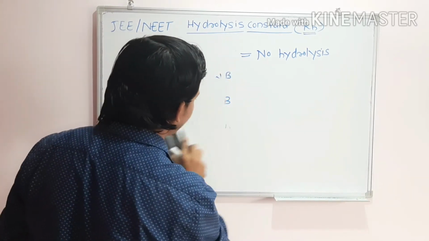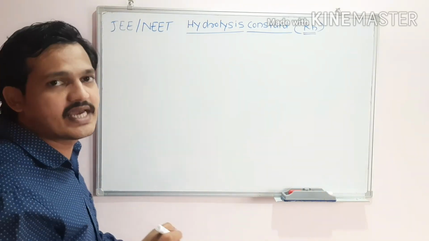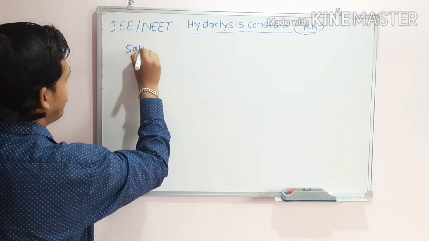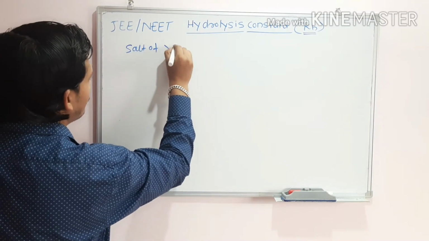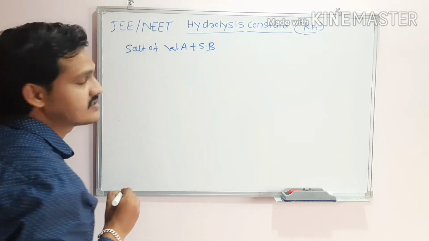I am taking a random type of salt, that is salt of weak acid plus strong base. What is the weak acid?